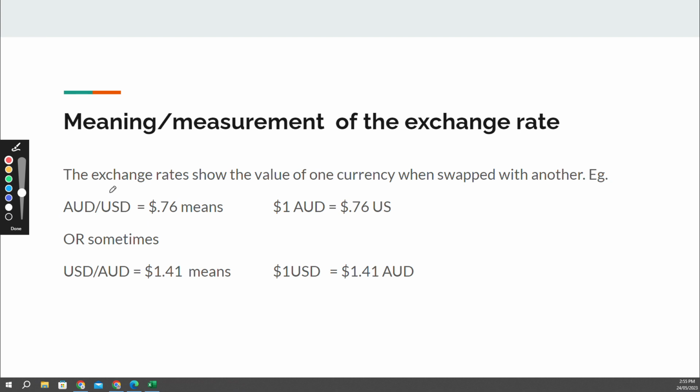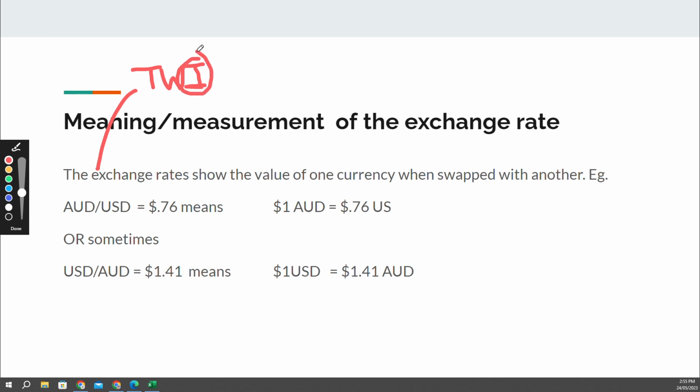So, to define an exchange rate, just to recall, it is the value of one currency when we swap it with another currency. For example, the value of the AUD when we swap it with the US dollar, which is the most often quoted exchange rate. There is also the trade weighted index, just to throw a little curveball here.